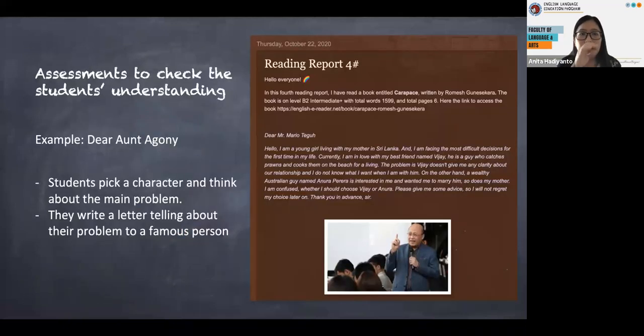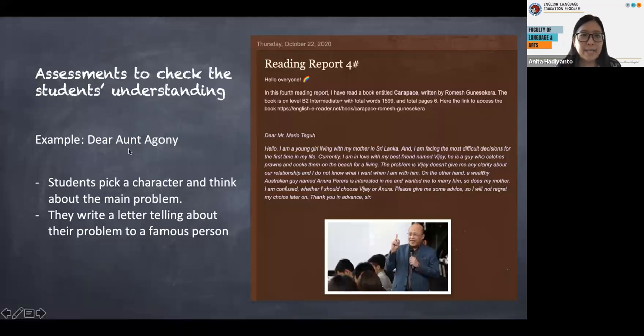And then these are examples of activities or assessments that we can use to check the students' understanding. One of the presenters mentioned that in an ER program, you can integrate it with another skill. So the focus is not just reading, but you can also have a speaking or writing activity. This example tries to relate reading and writing.